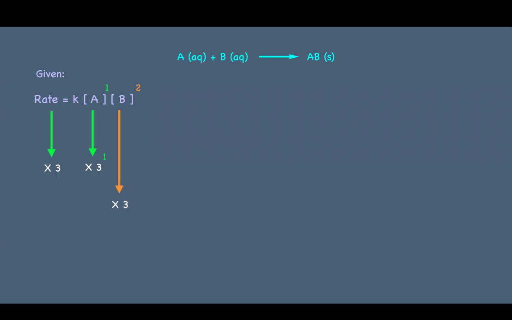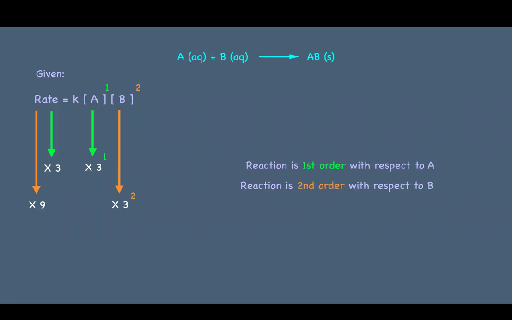However, if I triple the concentration of B, since B is to the power of 2, 3 has to go to the power of 2, so the rate will be 9 times more. Same idea, we can see how each reactant is affecting our rate. The reaction is first order with respect to A, second order with respect to B, and the overall order of reaction is third order.